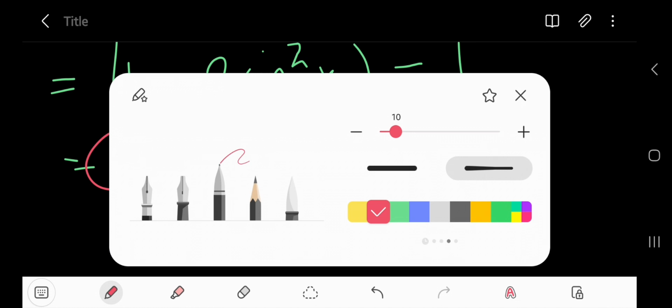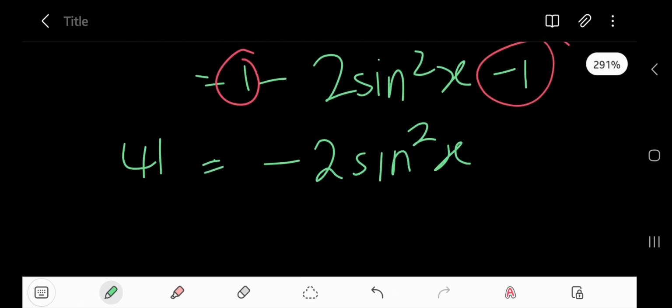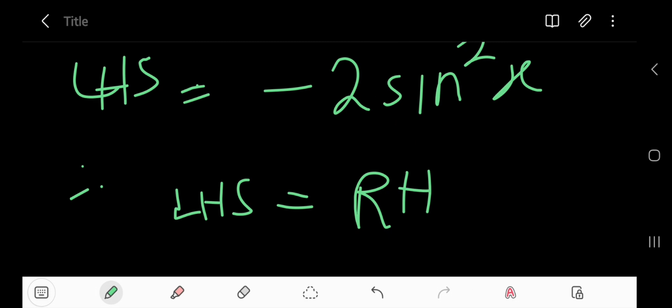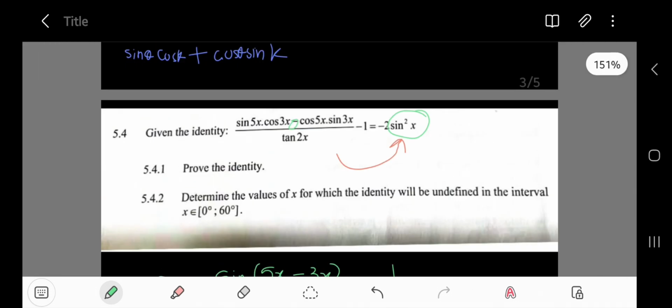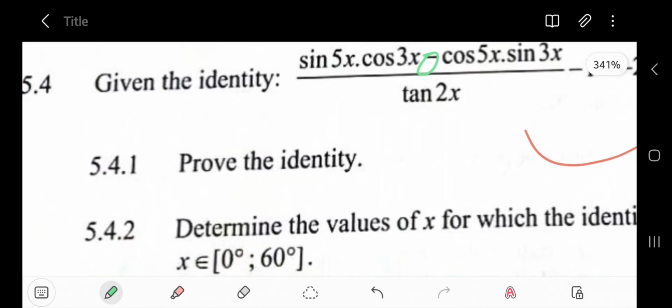So this is the exact same thing as negative 2 sine squared x. This is our left-hand side, and we've proven it. Therefore our LHS is equal to the RHS, which is that one there. So we are sorted, we've proven the identity.